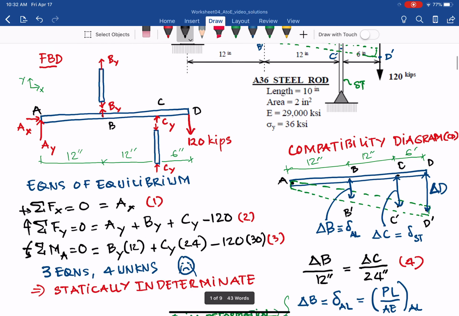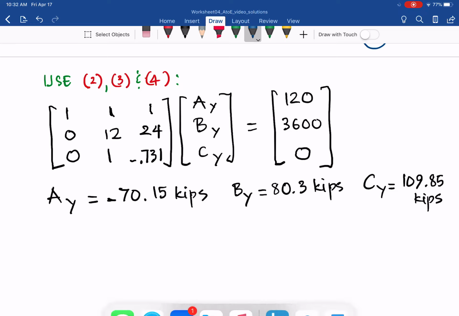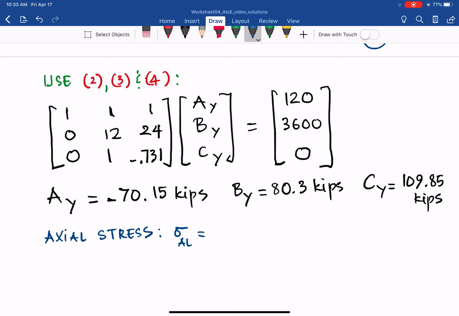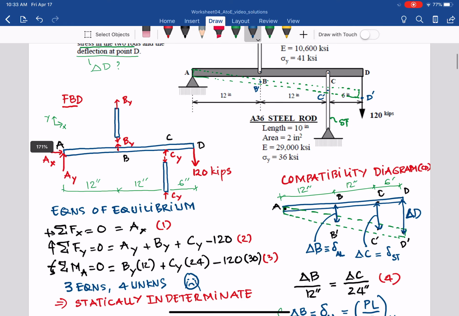Axial stress means the normal stress in here. So we have to find the axial stress. For the aluminum rod, sigma equals P over A, if you recall. So the load on that member divided by the area of that member. In this case, the load P on the aluminum rod is BY.